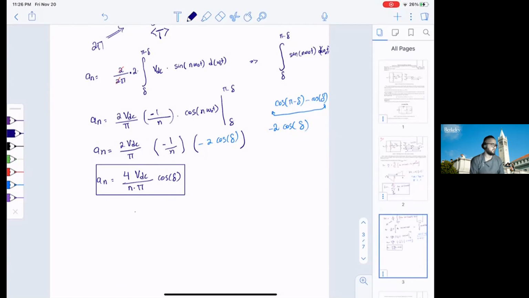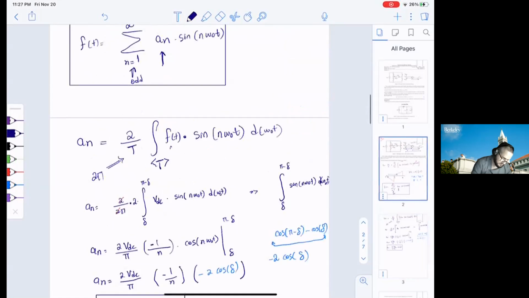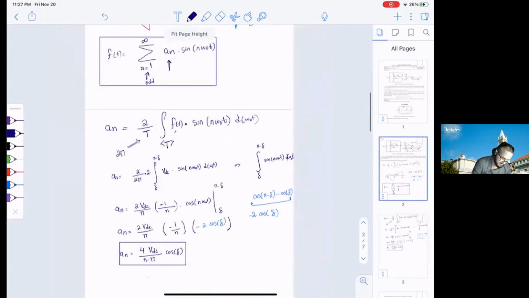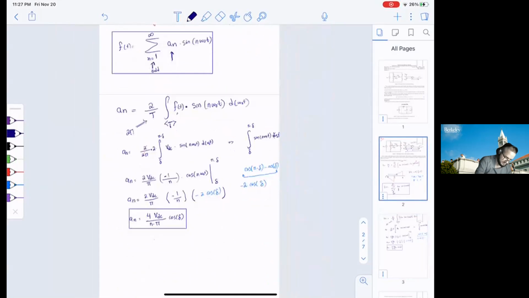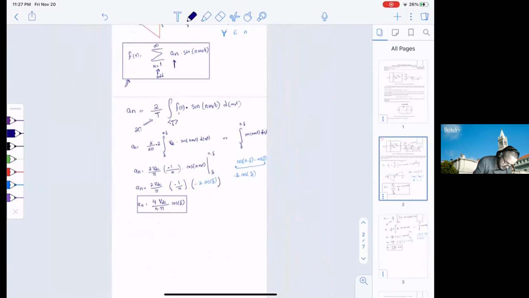So now we find that a of n is equal to that. Now we're going to rewrite the expression that we found up there, f of t, by plugging in that a of n. And remember n is odd, so I'm just going to replace n with n equal to 2m plus 1 to make it just an odd number.